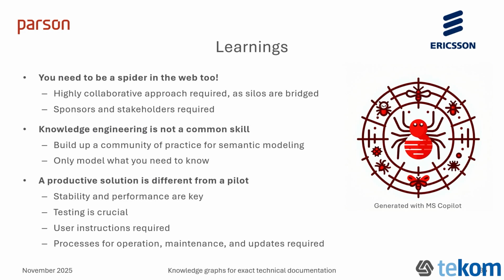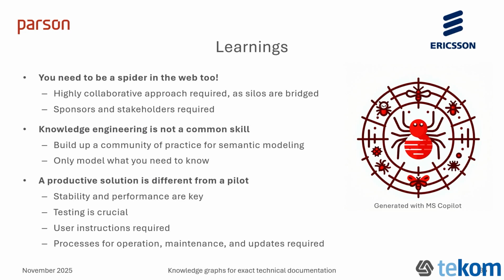Second is that knowledge engineering is not a common skill. It's not taught at universities for technical writers. Semantic modeling is something that people need to learn, and also the Endress+Hauser information architects need to understand how the basic relations in the semantic network work, because they need to create relations that decide which documentation variants are generated.